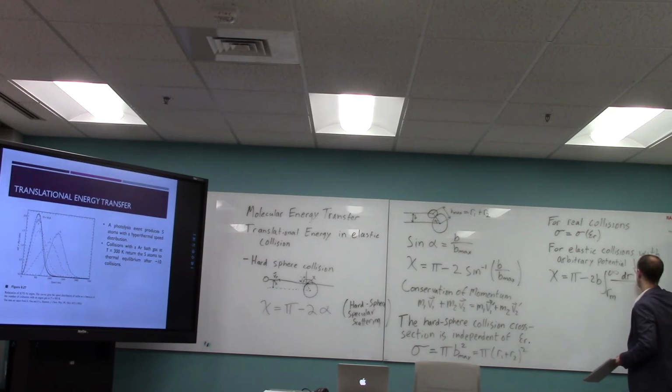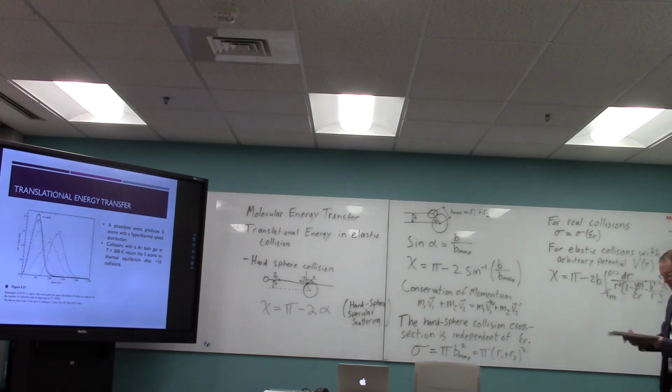You're going to integrate dr over r squared times 1 minus the potential over the relative energy minus b squared over r squared, all to the 1/2. Okay, this expression is not so difficult to derive. You can derive this using conservation of momentum and conservation of energy, and then you arrive at this expression.